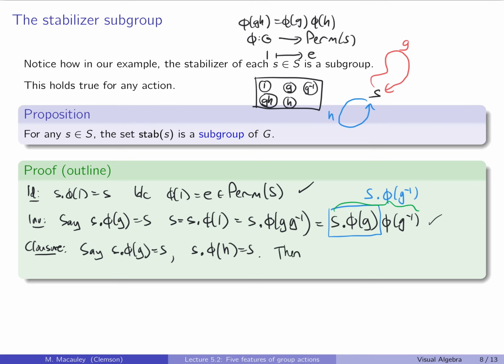Well, S dot phi of GH, just follow your nose, is S dot phi of G times phi of H. And again, this thing here is equal to S dot phi of H. And we know H is in the stabilizer, so this is equal to S. And that's all we had to show.